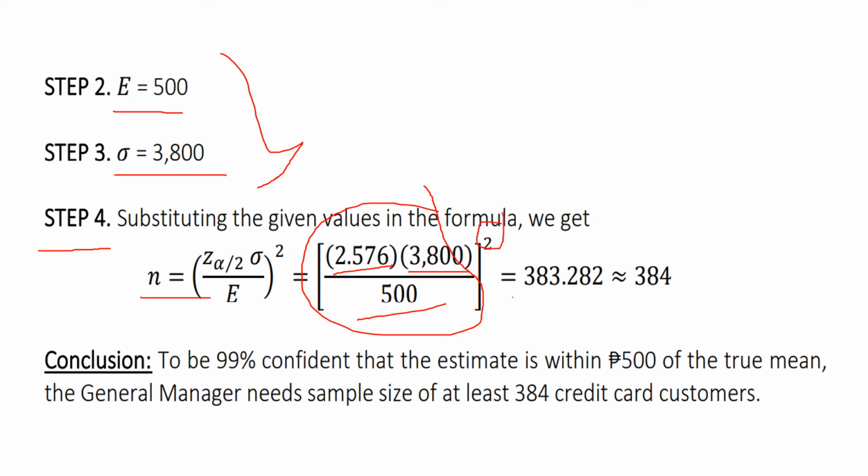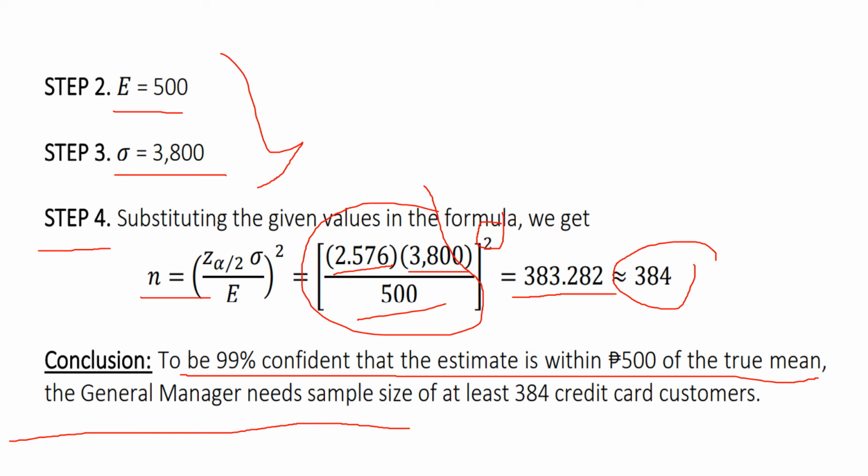Then the value is 383.282, approximately equal to 384. Meaning to say, for us to be 99% confident that the estimate is within 500 pesos of the true mean, the general manager needs a sample size of at least 384 credit card customers.